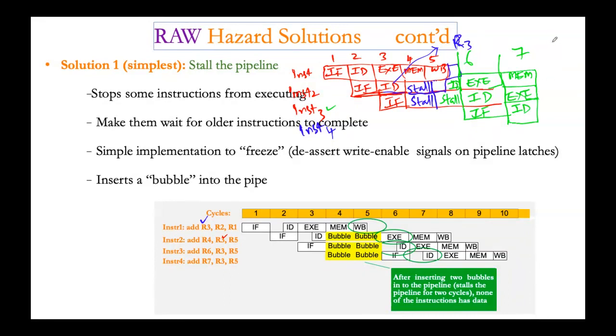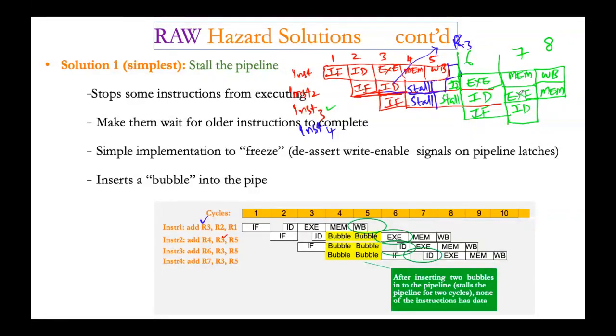Right? Then in the eighth cycle, your second instruction will enter the last stage, that is write back. When it enters the write back stage, your instruction 3 gets the opportunity to get into the memory stage.